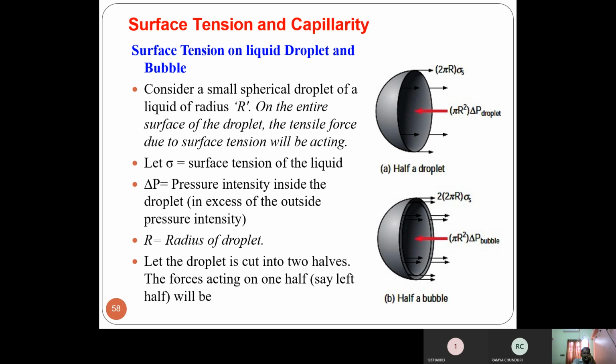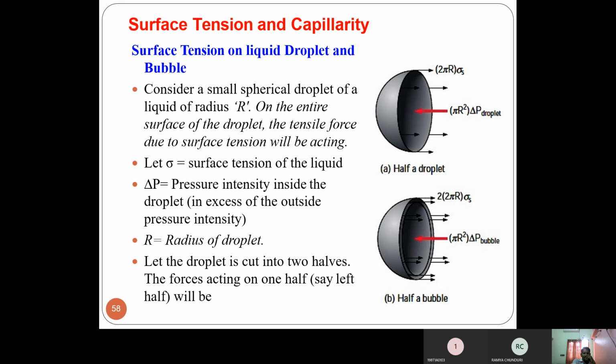Its radius is capital R. On the entire surface of the droplet, the tensile force due to surface tension will be acting. So we are considering a half, semi-spherical or hemispherical droplet. This is the circumference. I'm moving the cursor along the circumference.